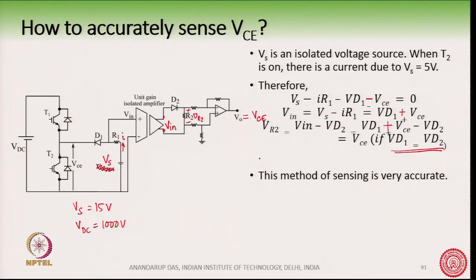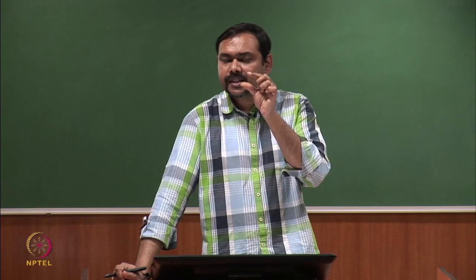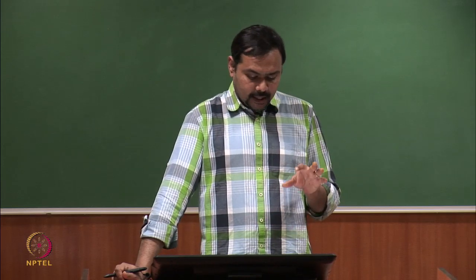And why does this have to be accurate? Remember, we are sensing a voltage of only maybe 1.5 to 3 volts, and we are sensing it over a long period of time, and we are just monitoring how much Vc is changing, and this is a very noisy environment.